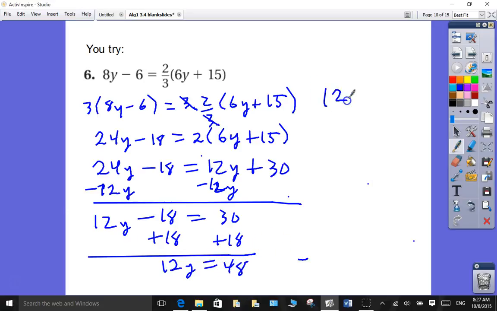Divide by 12. Sorry, I had a senior moment. 48 divided by 12 is 4, so y should have been 4.